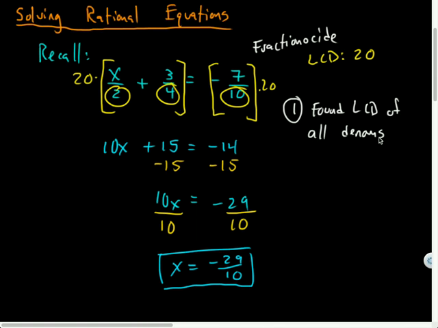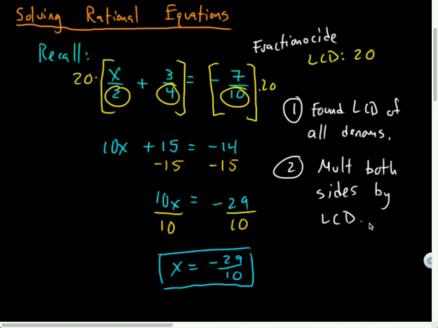Step 2: I then multiplied both sides by the LCD, and just straight LCD, not LCD over LCD. And then step 3: solve, whichever way that would end up being.